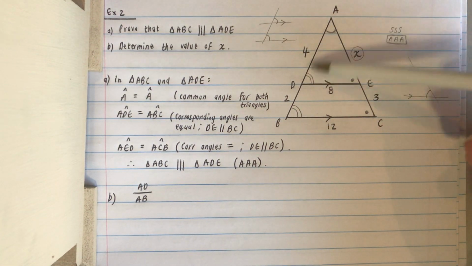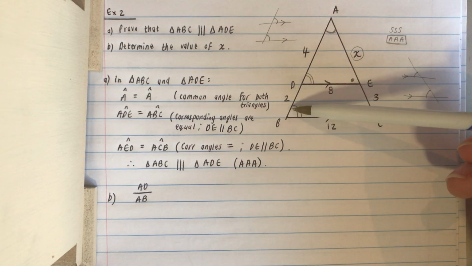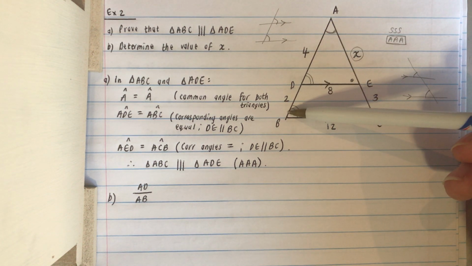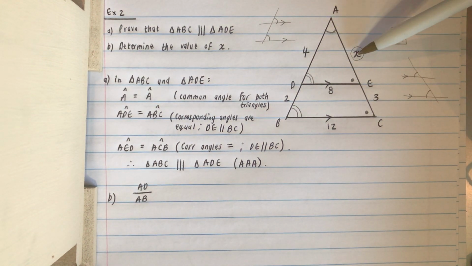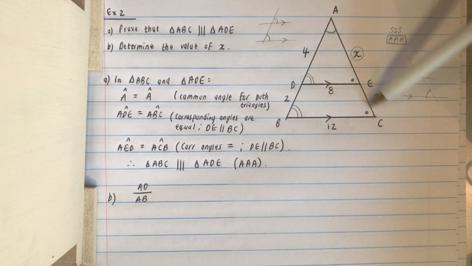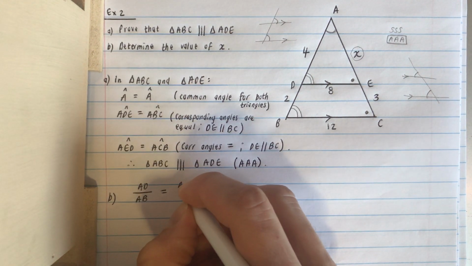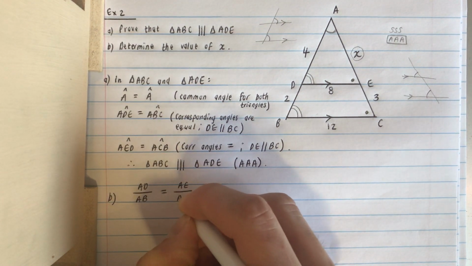This one here, AD for the smaller triangle, and then AB for the bigger triangle. So we put the smaller over the bigger, which is also equal to the corresponding sides on this side, so AE over AC.